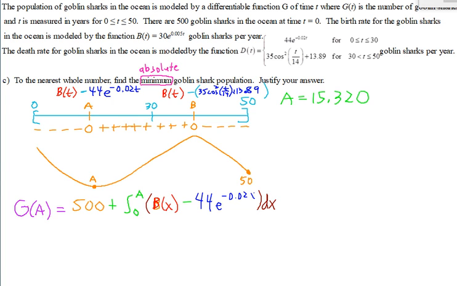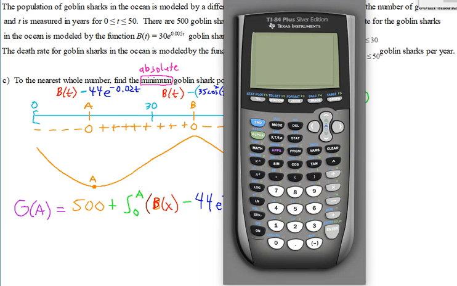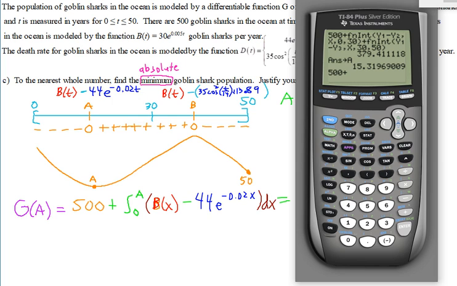So let's see what our calculator gives us for that one. So let's do this on the 84 first. So you have 500 plus math number 9, function integrate. Now you could put y1 minus y2, or you might remember we already made that y4.